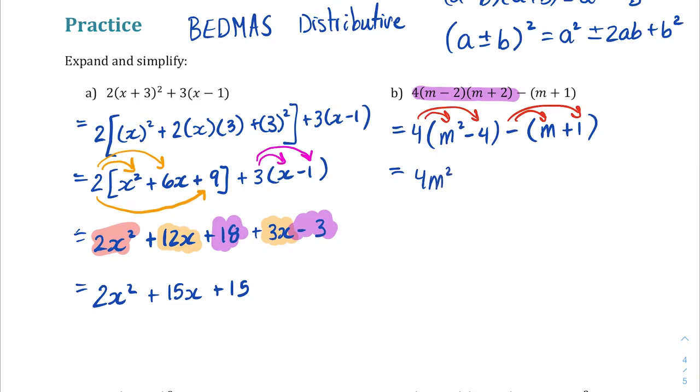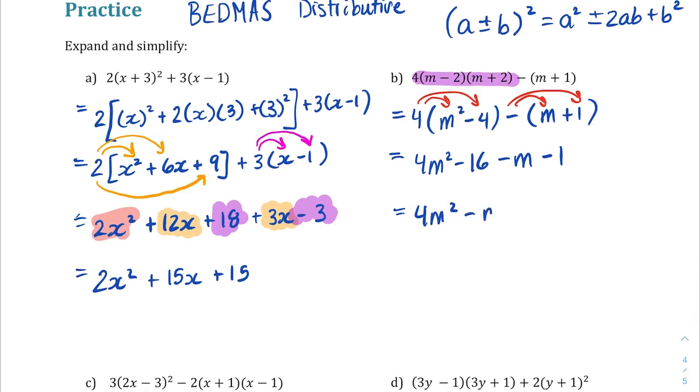So 4m squared minus 16 minus m minus 1. Now when I'm simplifying, I take care of the highest power first, which is 4m squared. The second highest power is just m, so negative m. The constants, negative 16 minus 1, negative 17.